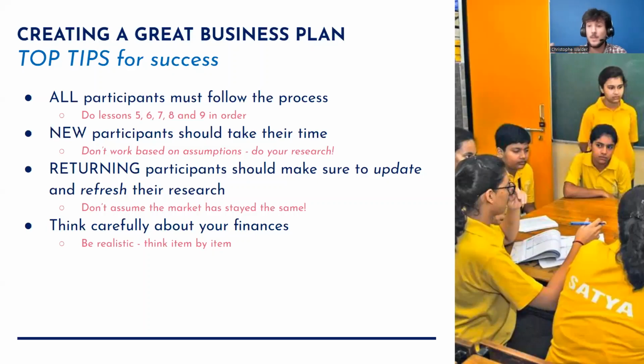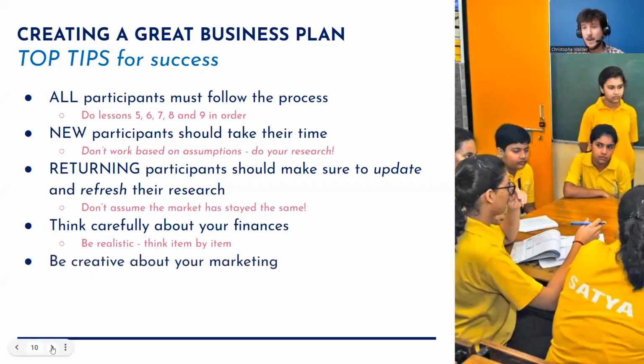You need flour, you need water, you need eggs, you need flavoring. Then you probably need some equipment. You need a whisk, you need a bowl. Write these items on separate lines. This will help your students to really think at a detailed level, item by item, and it will help them to understand everything that's involved in their business.